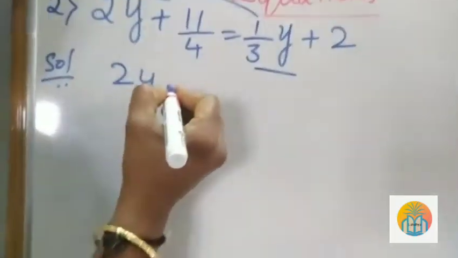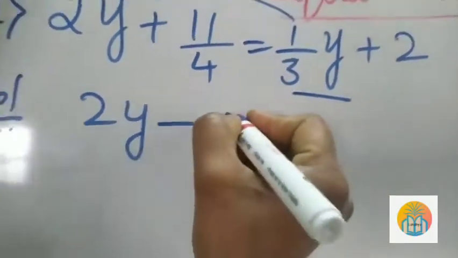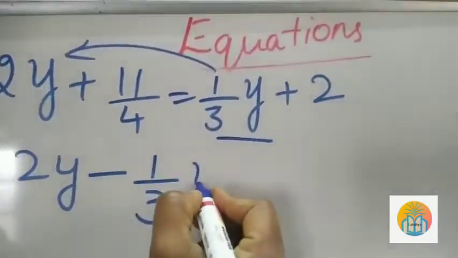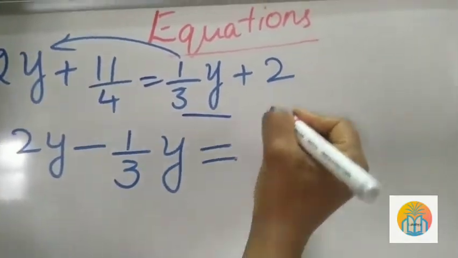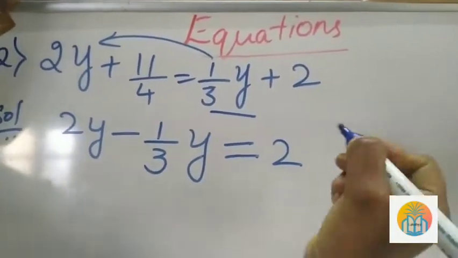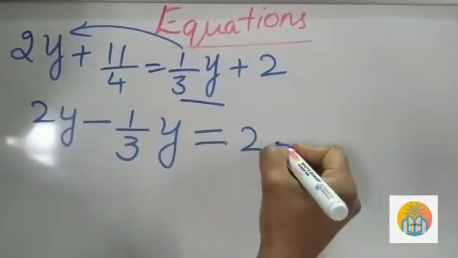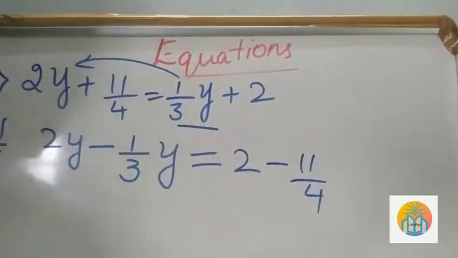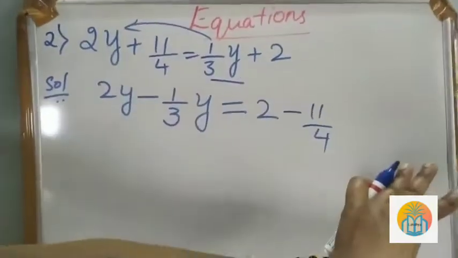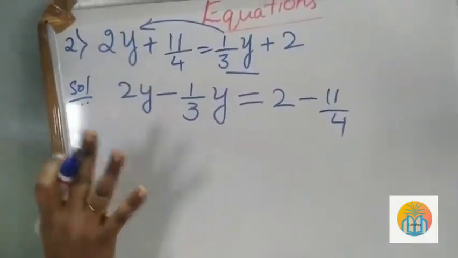Here it is plus, so when I shift it, it becomes minus 1 by 3y, equals 2 as it is towards the right side, and now it is plus 11 by 4, so it becomes minus 11 by 4. This is the first step.